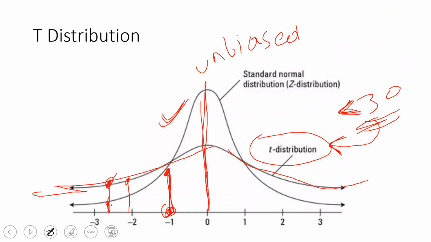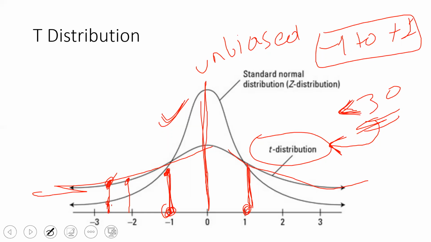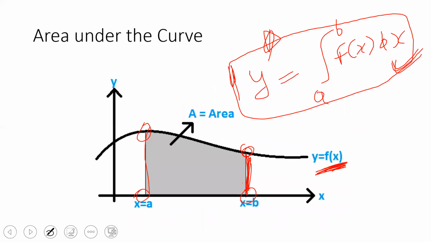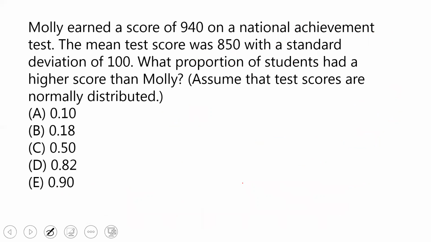But if I want the probability for a range, say that the value will be between -1 and +1, then I need to find this area. That's where the area under the curve becomes important, so that's why I have included it here.